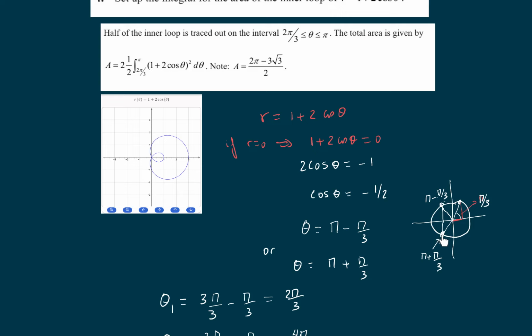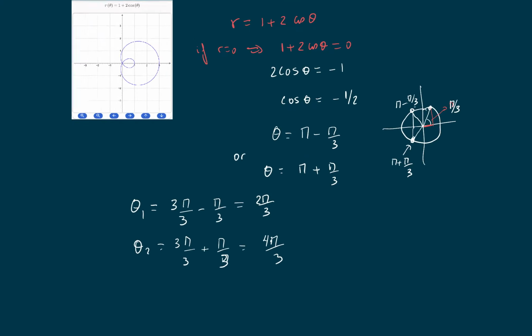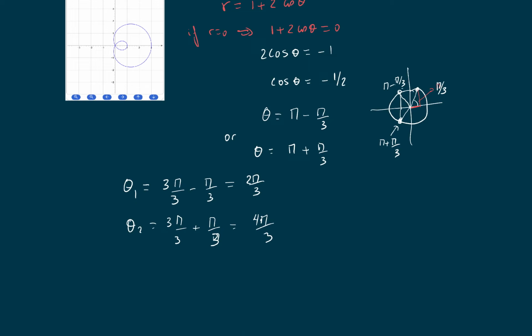At these 2 points, cosine of theta is minus 1/2. Okay, so pi minus pi divided by 3 is 2 pi divided by 3. And pi plus pi divided by 3 is 4 pi divided by 3.